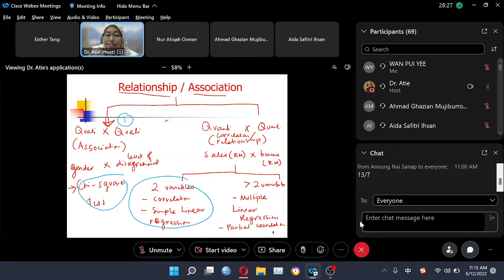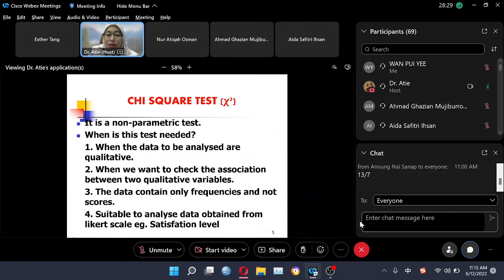Right, the chi-square test is also known as a non-parametric test. So what does non-parametric mean? It means that the variables do not have any parameter. When I say parameter, we already learned that parameters are the values that belong to the population.